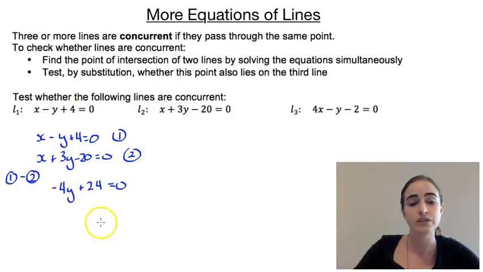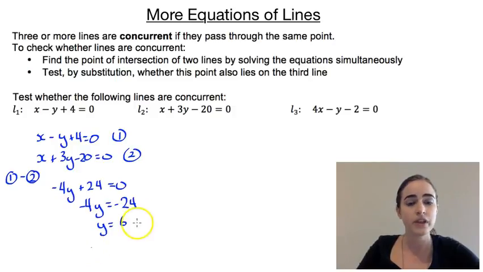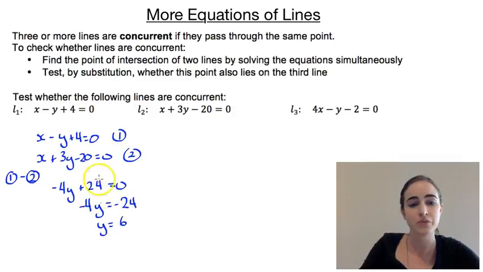And now we're going to go through and solve that. So we'll subtract 24. So we've got minus 4y equals minus 24. And then divide through by minus 4, and we'd end up with y equals 6. So that's given us our y coordinate, but we need our x coordinate as well. So we're going to substitute that into one of these. Again, doesn't matter which one.